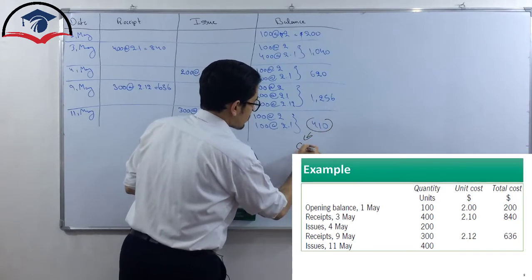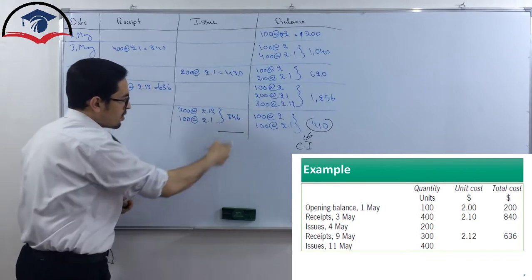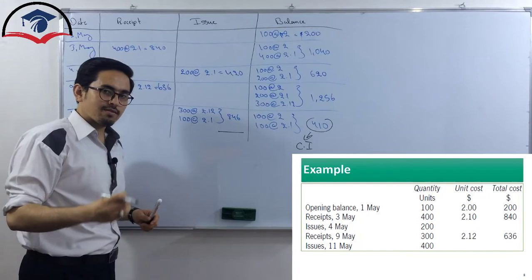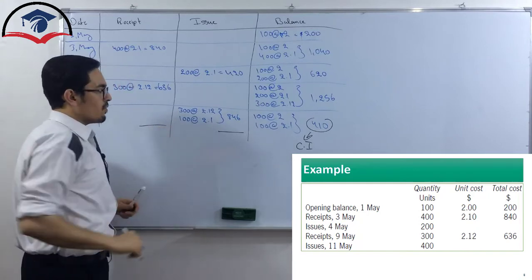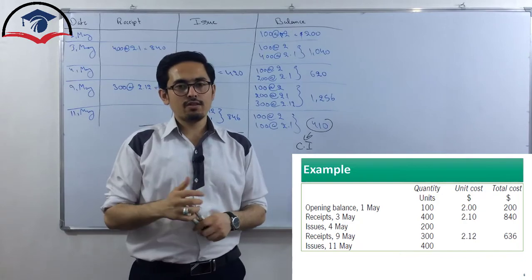So this is the closing inventory, remember that point. And if you add them all together, this is the total value of all your issues or sales during the period, and this is the value of your total purchases or receipts during the period.